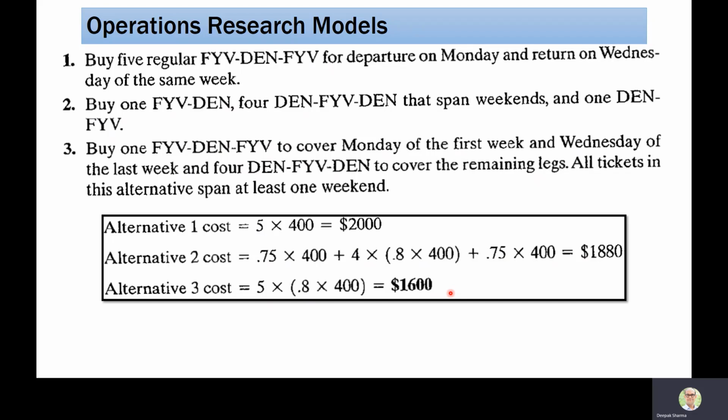Because at the end, we want to spend less on our tickets. So here, our objective function is minimizing the cost which we are going to spend on the ticket. The decision alternative is what kind of tickets we are buying, as you can see from the 3 alternatives. And the restriction is we have to go on Monday and come back on Wednesday.